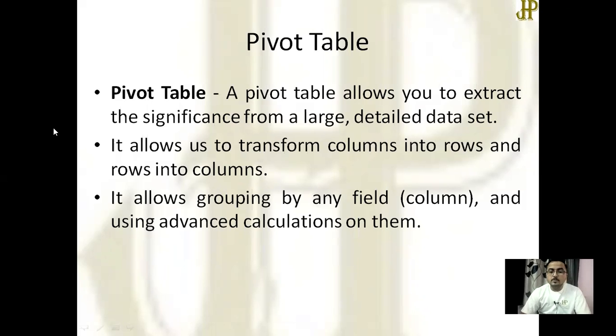It also allows grouping by any field and using advanced calculations on them. For example, if you want to do some calculation for those who live in UP, only those rows should be selected. By pivot table, you can do this.